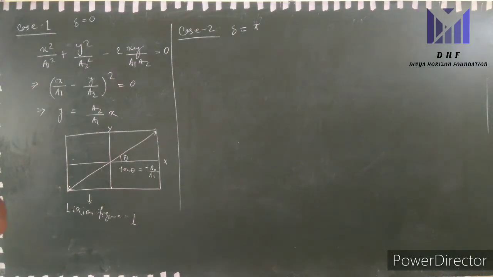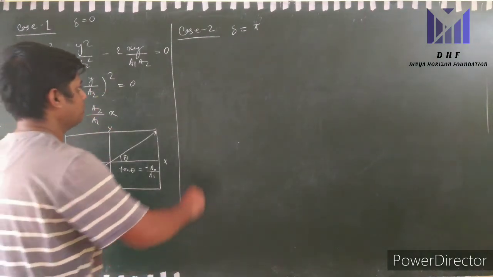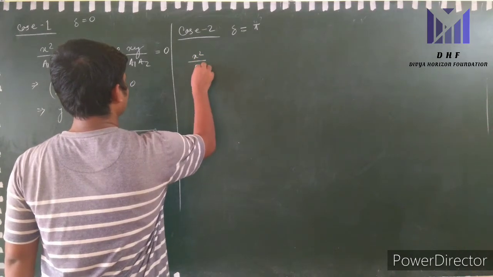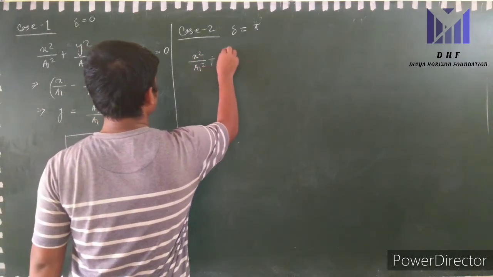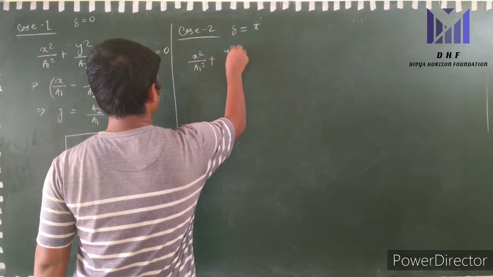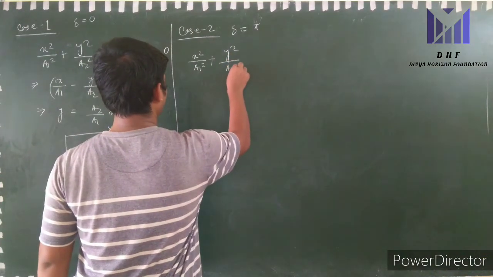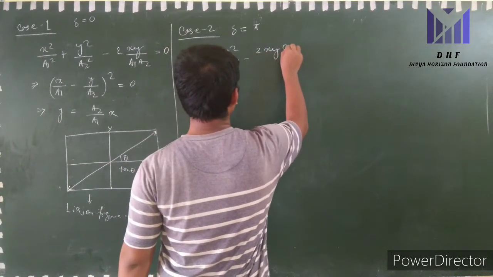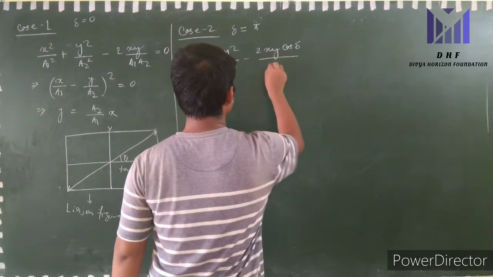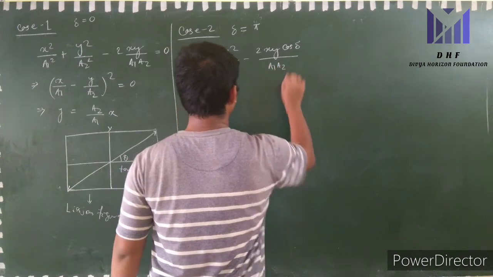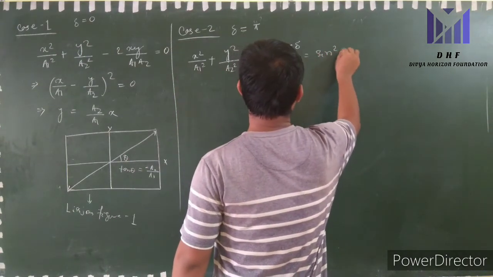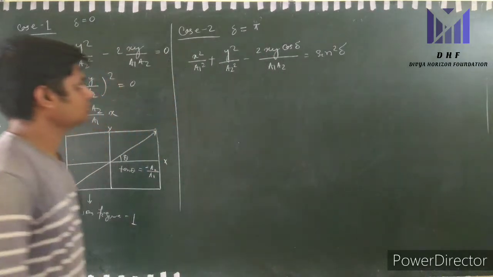I have erased the equation, and the final equation was x square by a1 square plus y square by a2 square minus 2xy cos delta by a1 a2, equal to sin square delta.